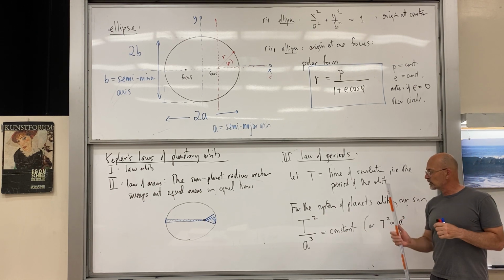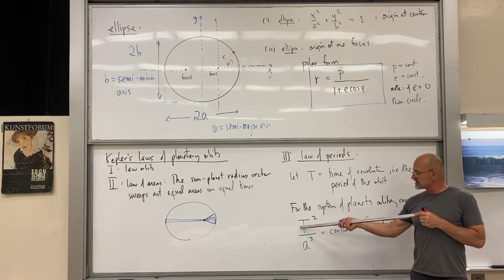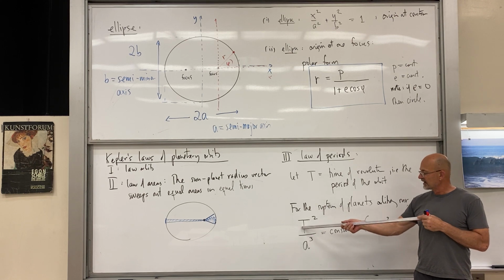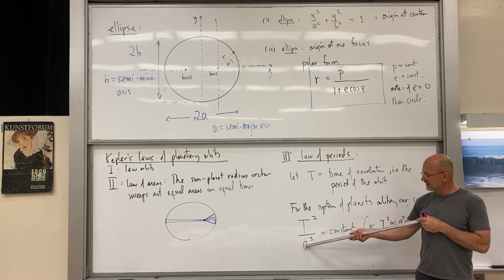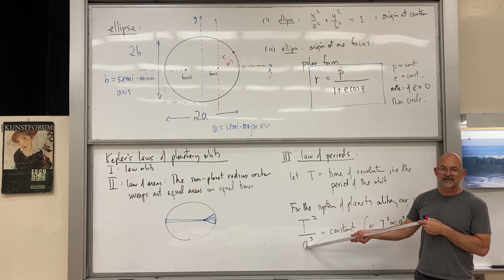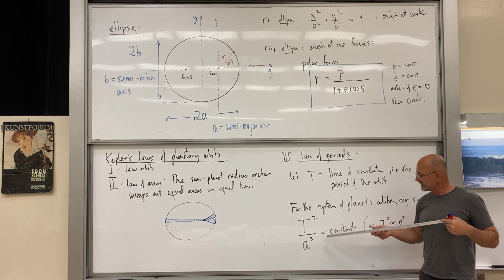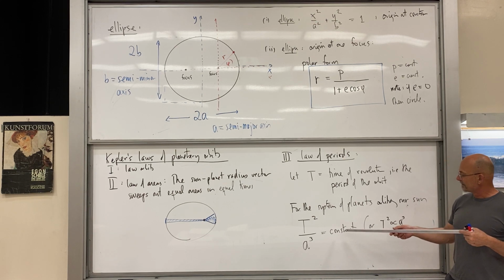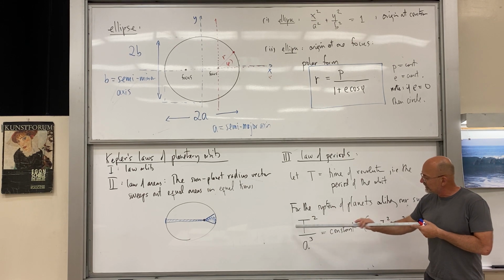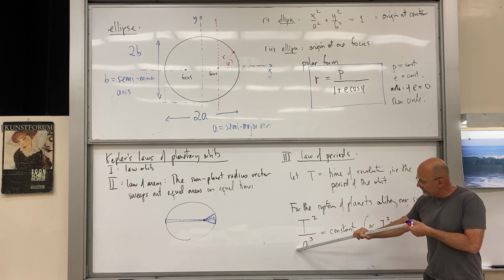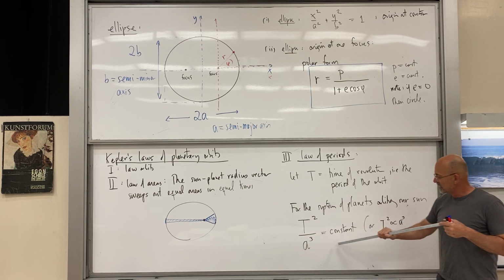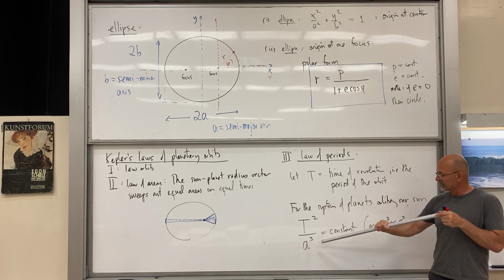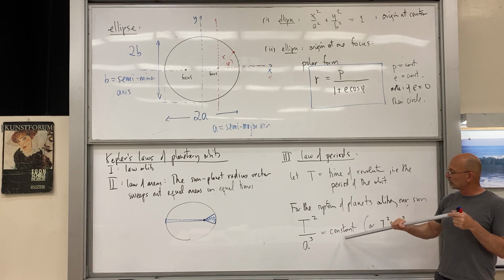For example, if you were to choose the unit of time as 1 Earth year, the time it takes Earth to orbit the sun, and if you took the unit of length as Earth's semi-major axis, then this constant would be equal to 1. And then the other planets with their different periods and semi-major axes would, in terms of Earth orbits, also have the constant equal to 1.